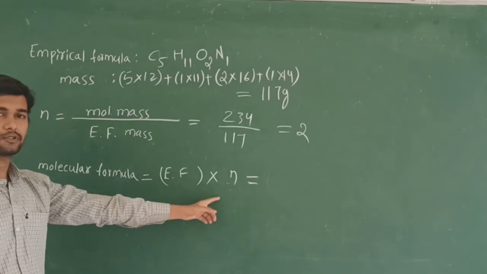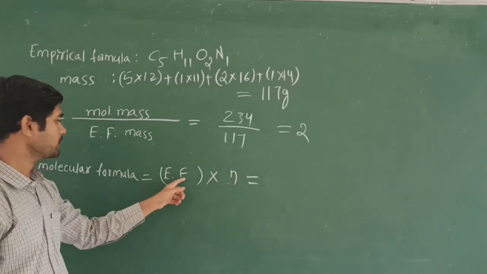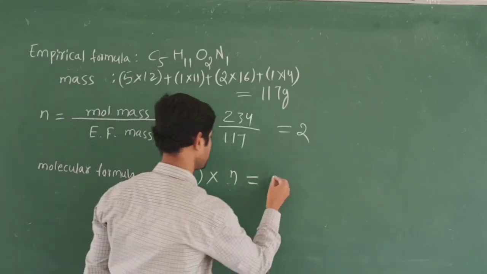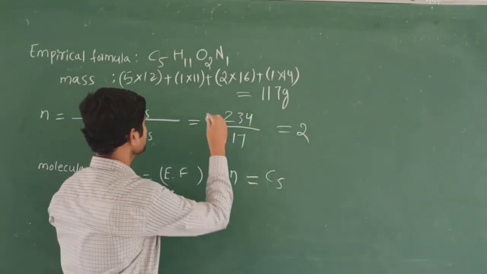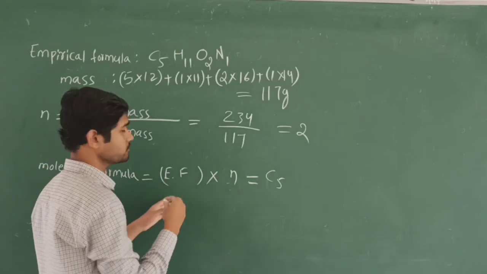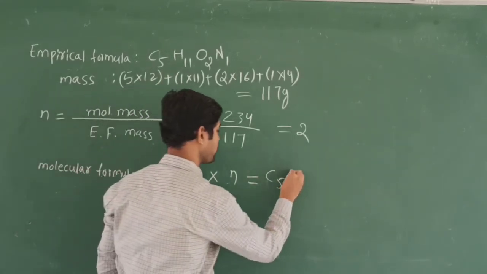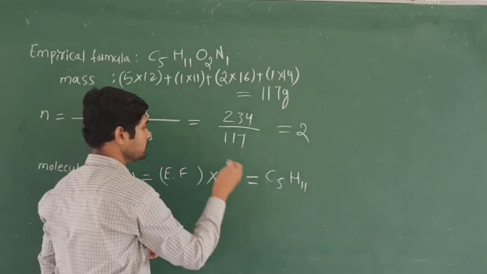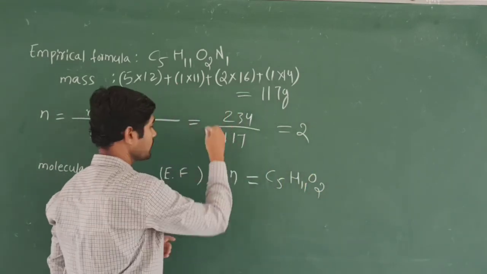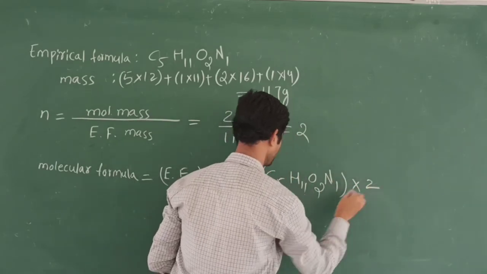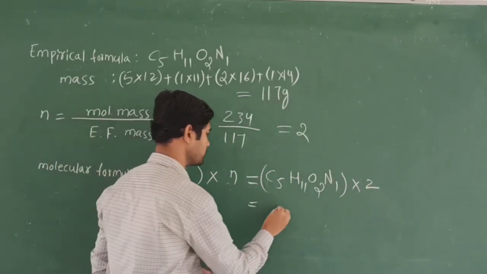Then substitute n equal to 2 into the empirical formula we found, C5H11O2N1, multiplied by 2.